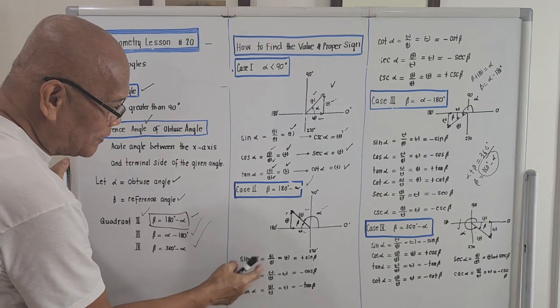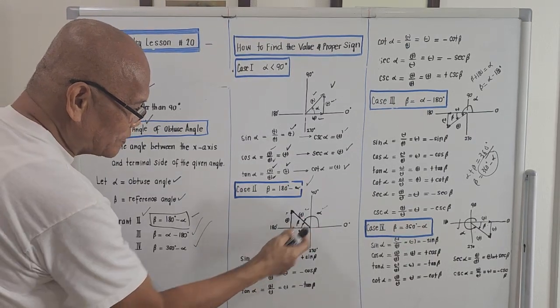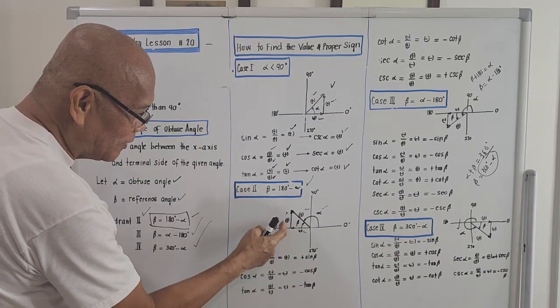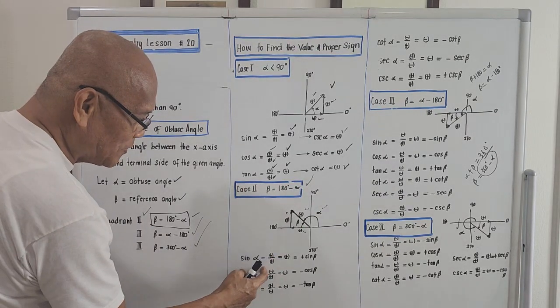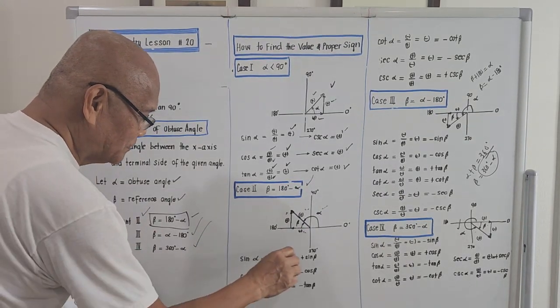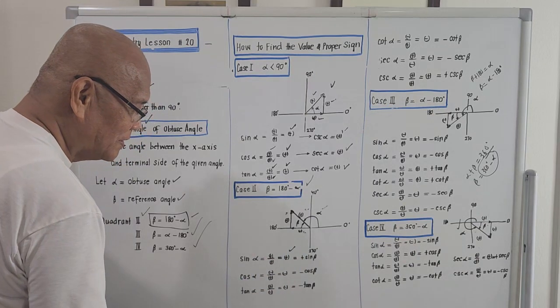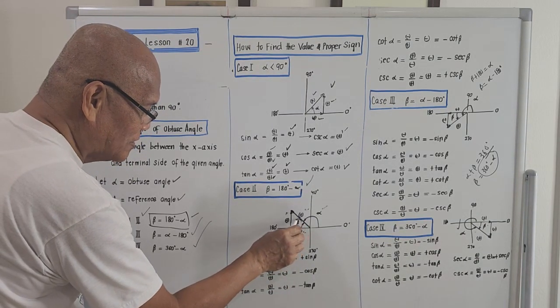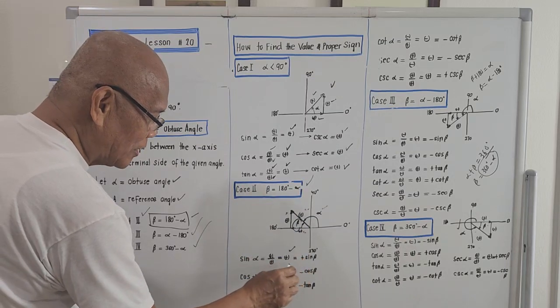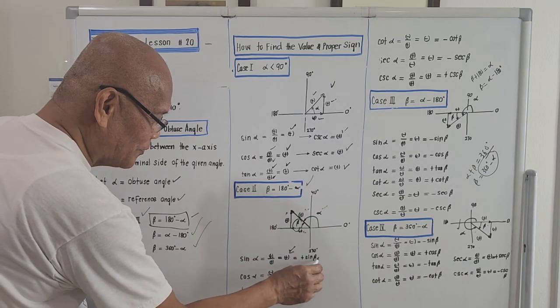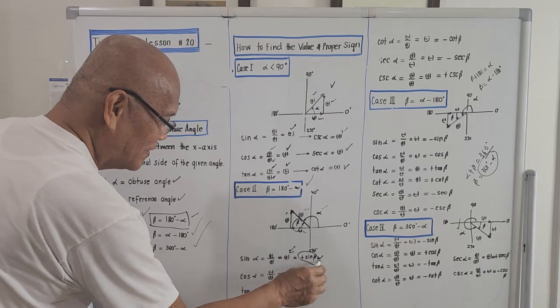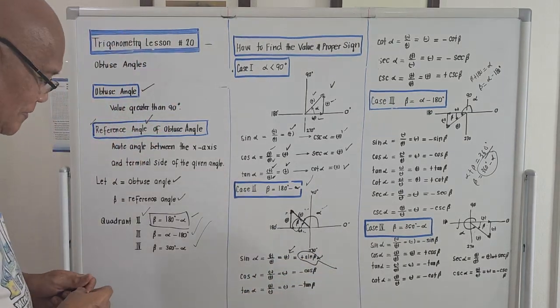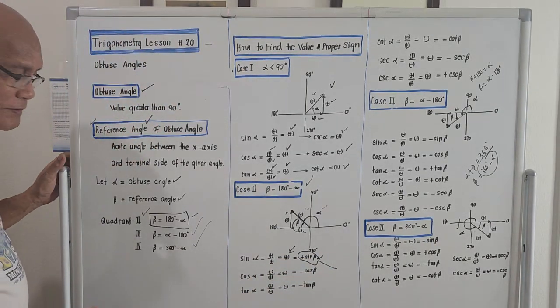Sine of alpha will be, think of alpha first, right? Sine will be a plus and a plus, a plus. So if we try to take the sine of this, I will just copy this, then put sine of beta, right? You got it?